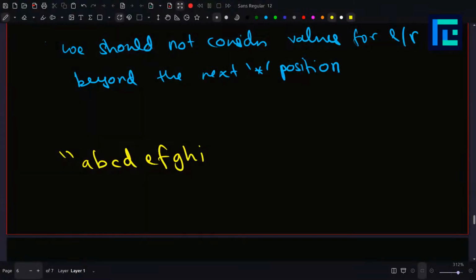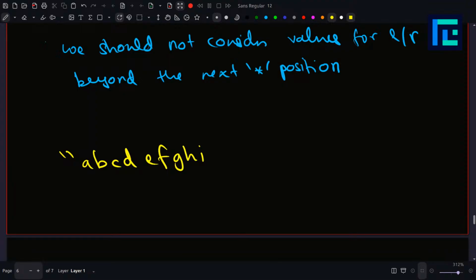Anyways, so we have our possible L values will be this, and this.